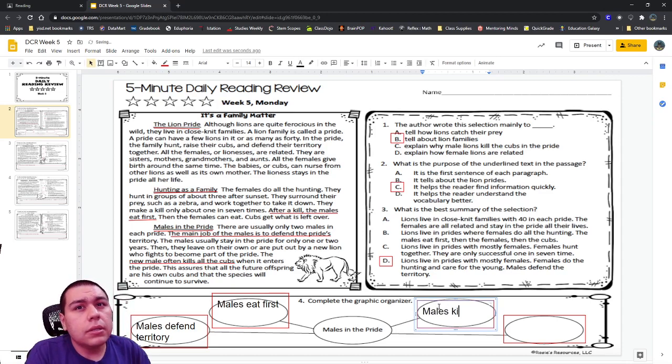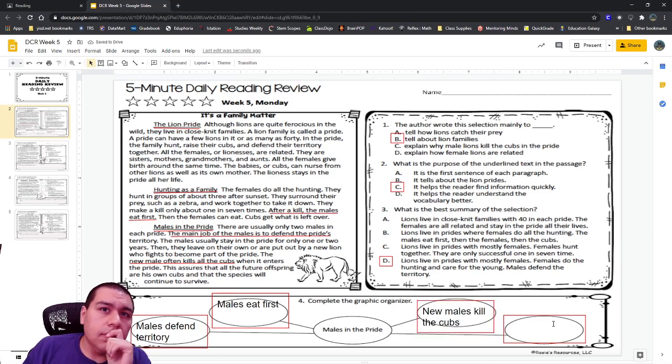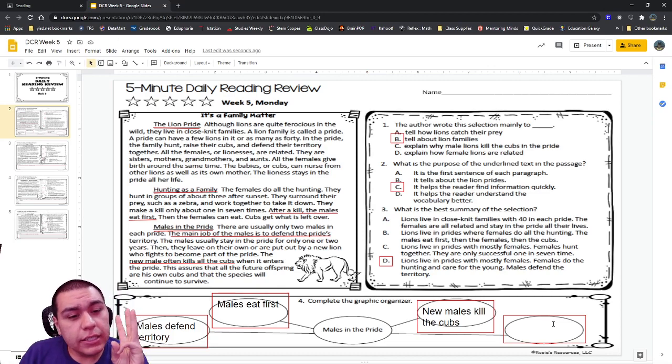Males, or sorry, it shouldn't be male, but new males kill the cubs. Okay, we've got 3 facts now. We've got 4 circles. So I've got fact 1, fact 2, fact 3. I need one last fact to finish my graphic organizer.